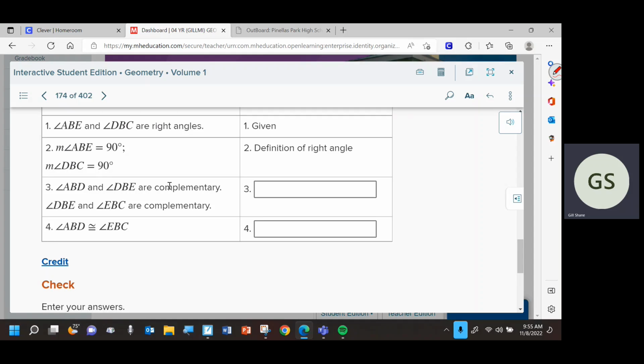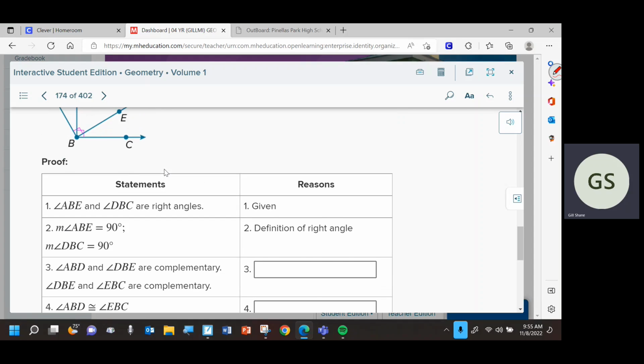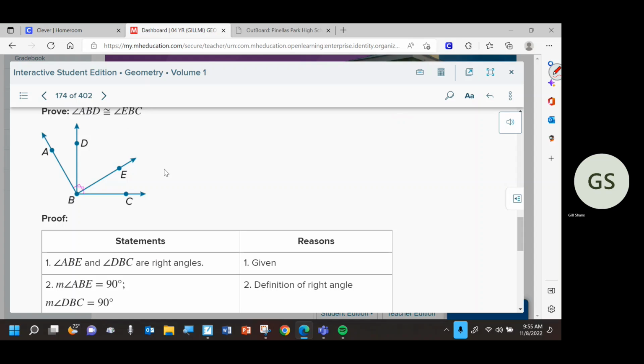Now we should be able to figure this one out. If they give us the statement, we should be able to come up with the reason. So how do we know ABD and DBE are complementary, or that DBE and EBC are complementary? Yeah, that was that complementary thing. It's also kind of angle addition.